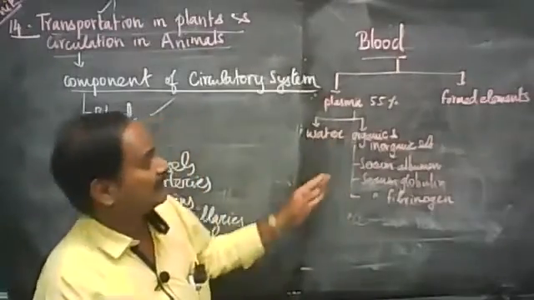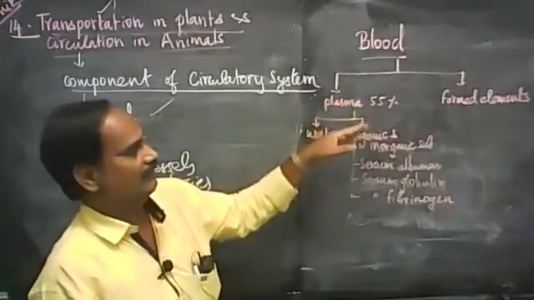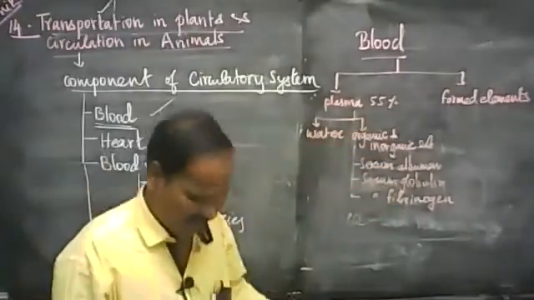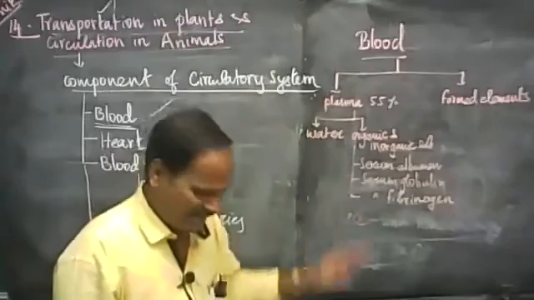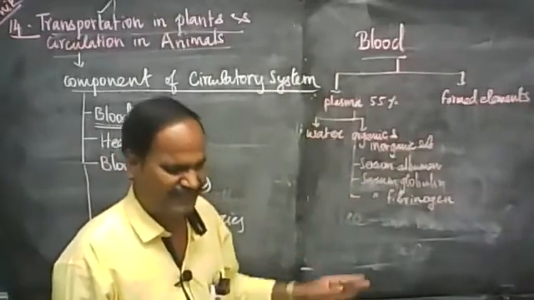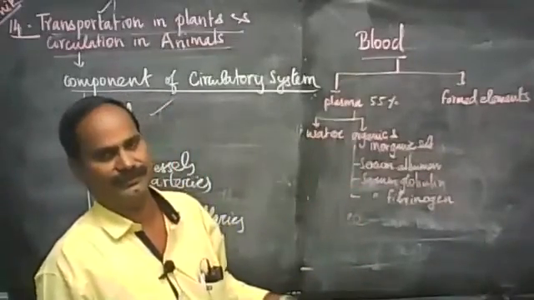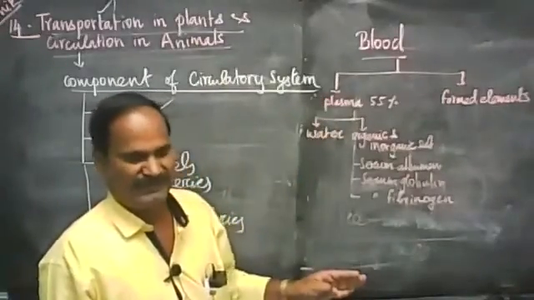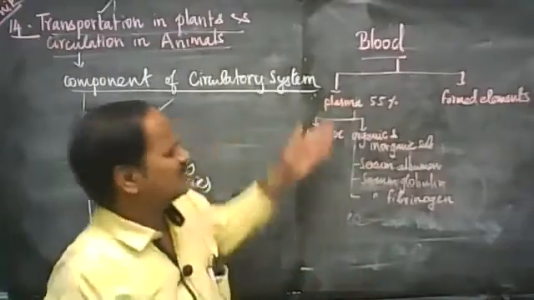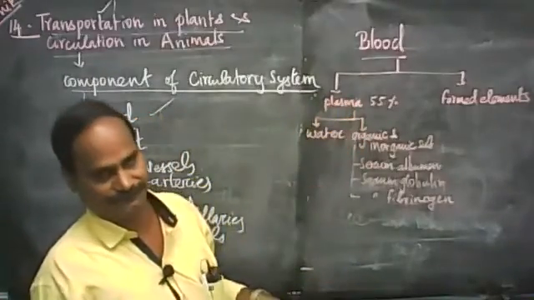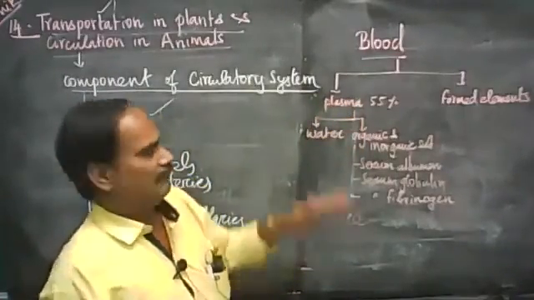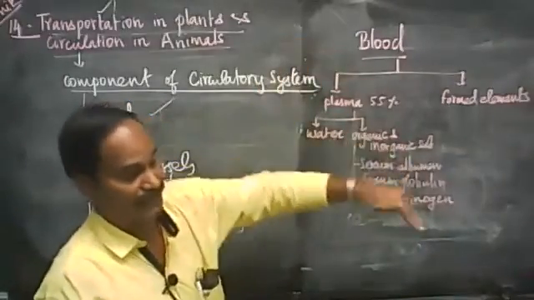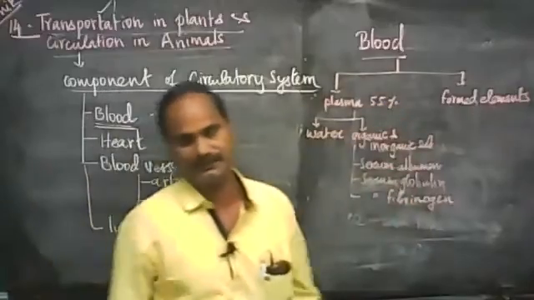Organic material comes under plasma. Along with the plasma, you can find nitrogenous waste material, enzymes, nutrients like glucose, amino acids, then certain fatty materials. Nitrogenous waste products are also mixed with the plasma part of the blood. The plasma also contains inorganic substances like sodium, potassium, magnesium, sulfur, phosphorus.